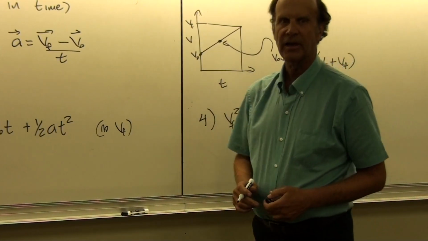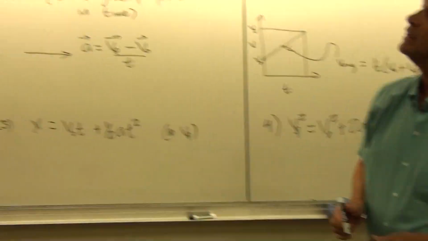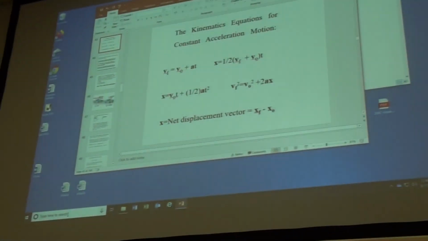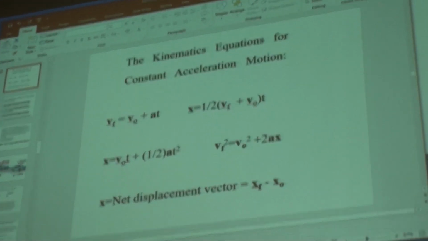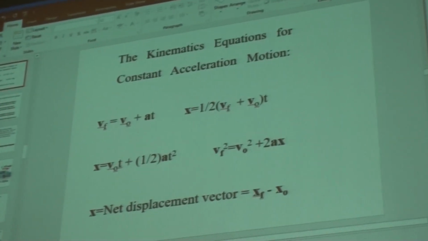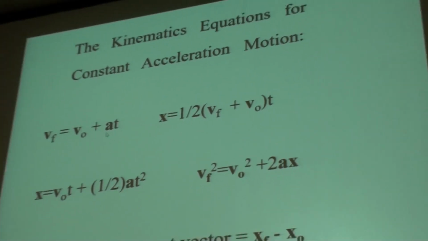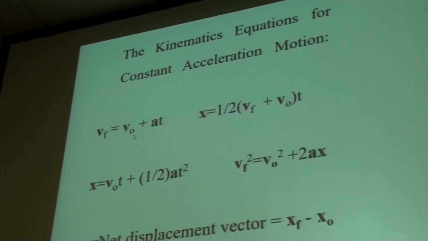So the next step then, and we can look at the data projector for a moment to see how this would work, is we can look at these equations. This is the first one.